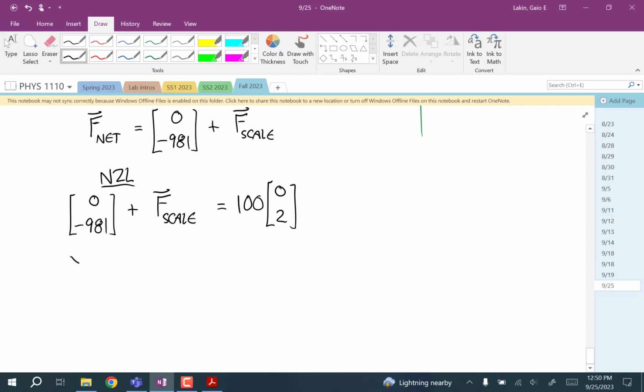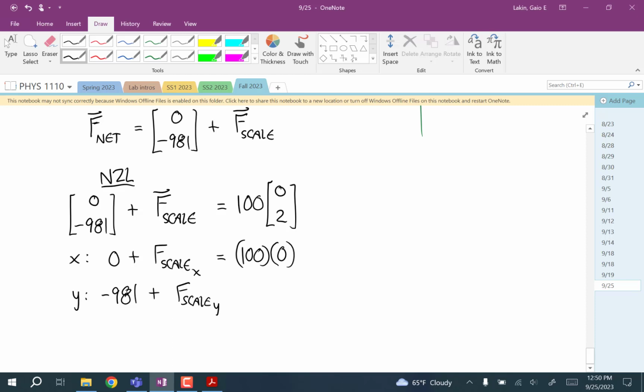And so the two equations: there's an x equation that says 0 plus f scale x component is equal to 100 times 0. And the y equation says negative 981 plus f scale y component is equal to 100 times 2.